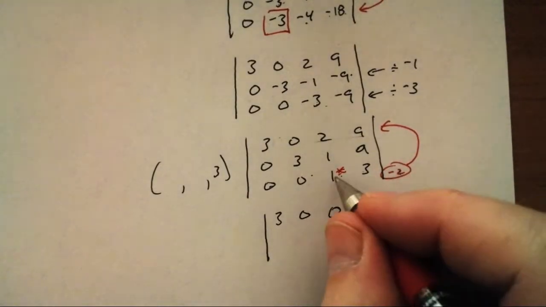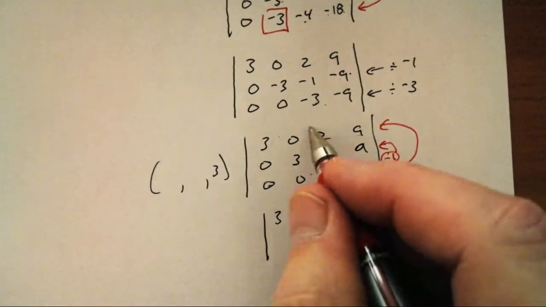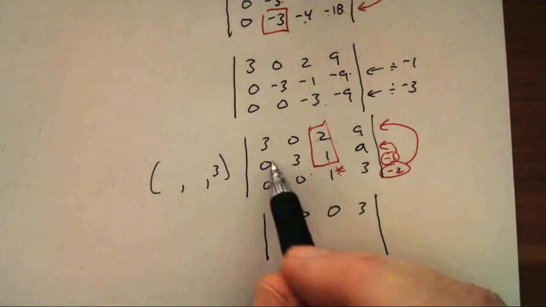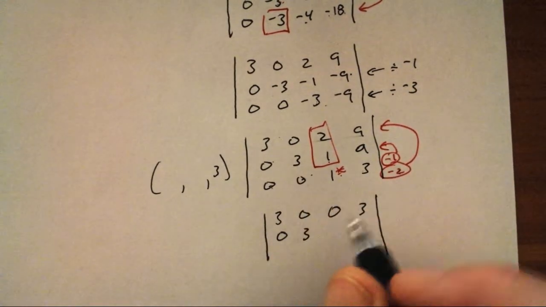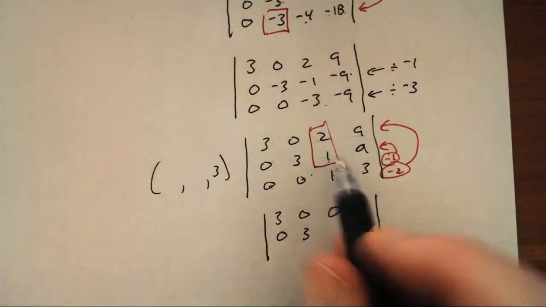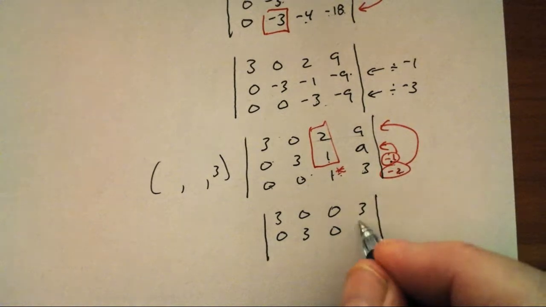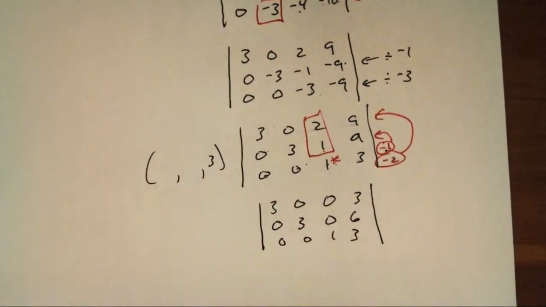And I'm going to multiply this row by negative 1 and go pay a visit there to whack that 1. 0 and 0, 0 and 3, negative 1 and 1, negative 3 and 9, and 0, 0, 1, 3.